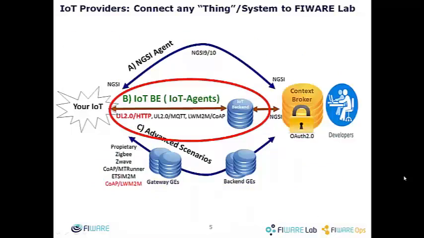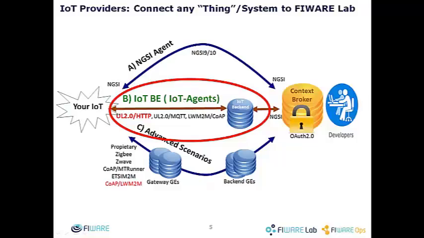If, on the other hand, you want to be an IoT provider, so you want to publish the information coming from your sensors in a context broker, in the Fiware Lab or whatever, you have three different options to do that. The first option, which is called A, is to develop your own NGSI agent, and this is what we call server-to-server connection.